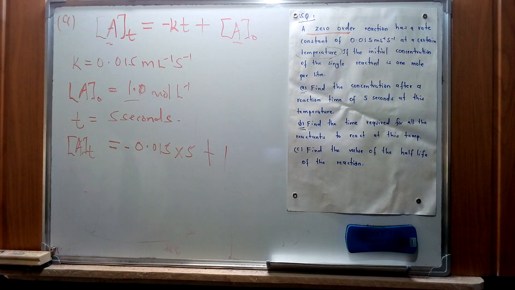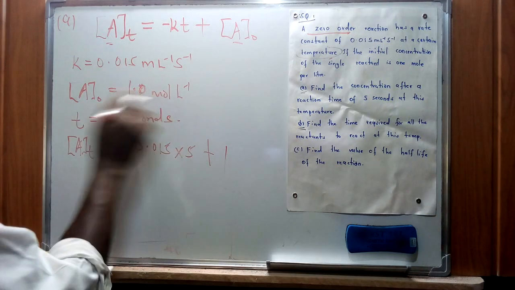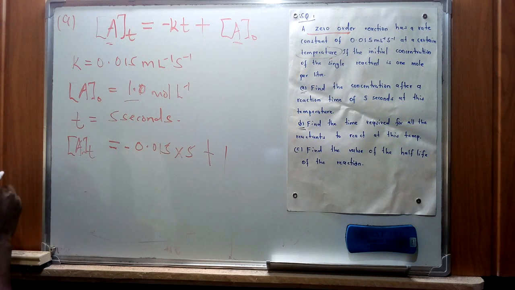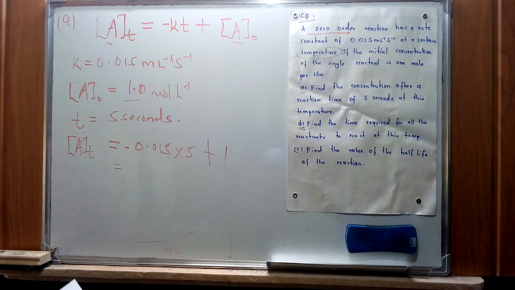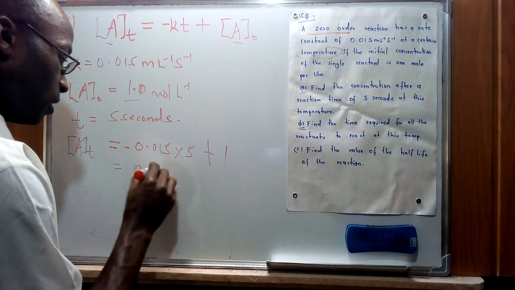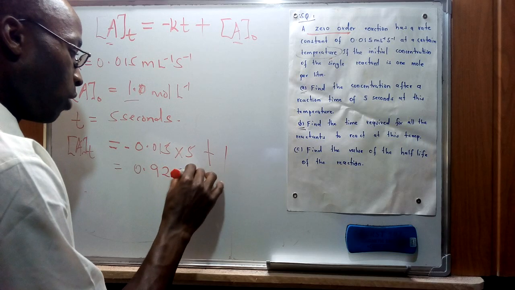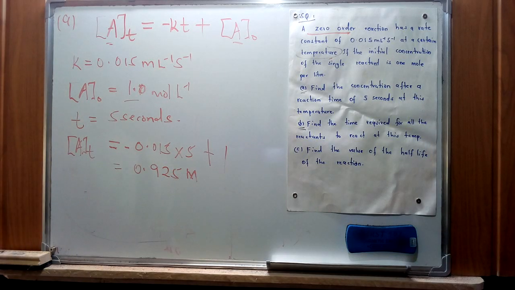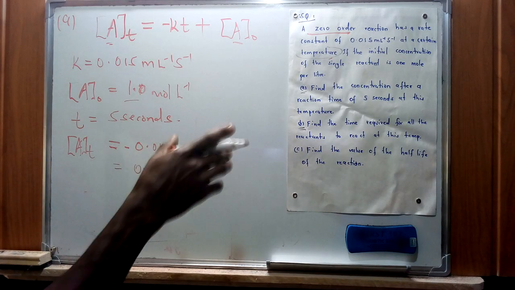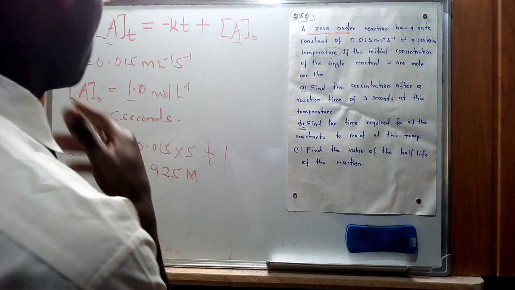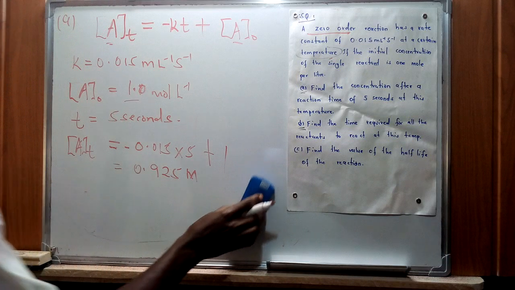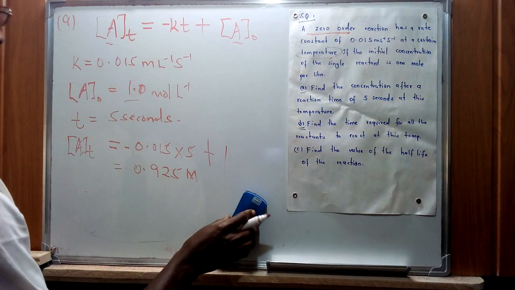I've just deliberately eliminated the units for the sake of space, because we're just going to integrate the units for concentration. So after 5 seconds, we're going to get a figure of 0.925 molar. That's going to be the concentration after a reaction time of 5 seconds at that specific temperature. So we're going for choice B.